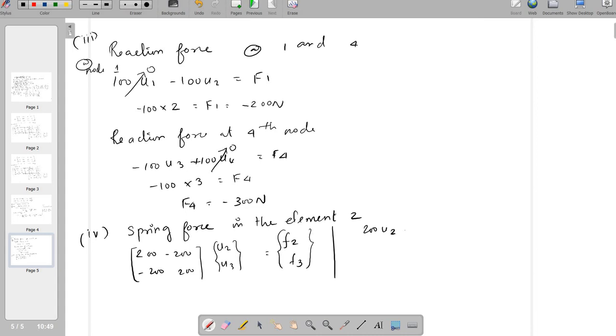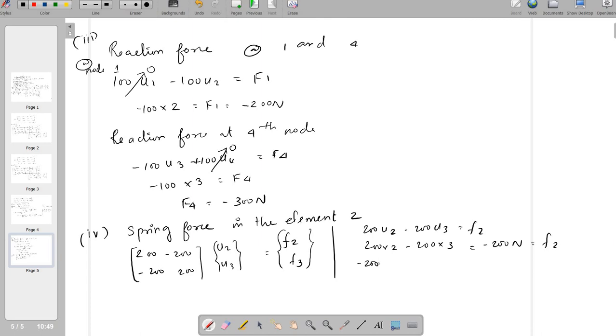200 U2 minus 200 U3 equal to F2. So 200 into 2 minus 200 into 3, which is 400 minus 600, is minus 200 Newton. So this is the spring force at node 2.